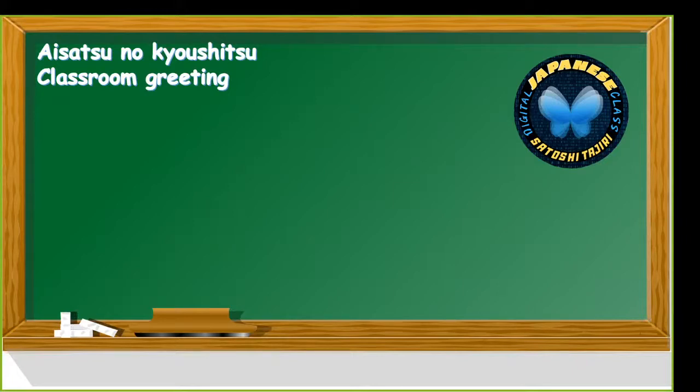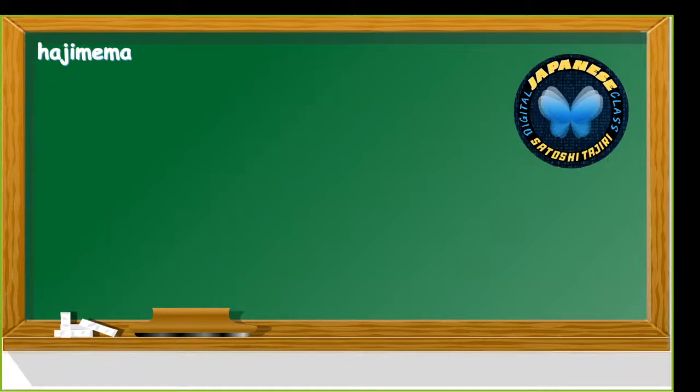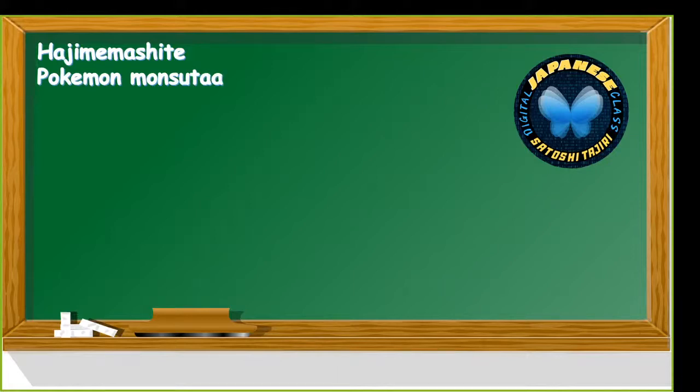So what he said here in the first part, okay, hajimemashite, it says nice to meet you, and we have Pokemon Monsuta no Sekai e. Once you see our e here, it means it's a direction of bringing you to someone. So like saying, welcome to the Pokemon world.